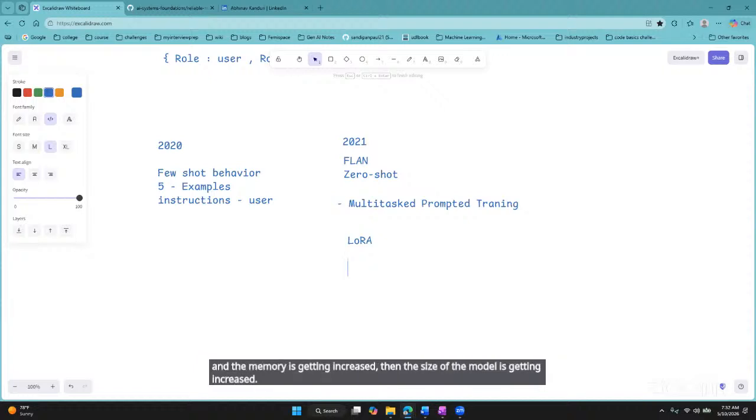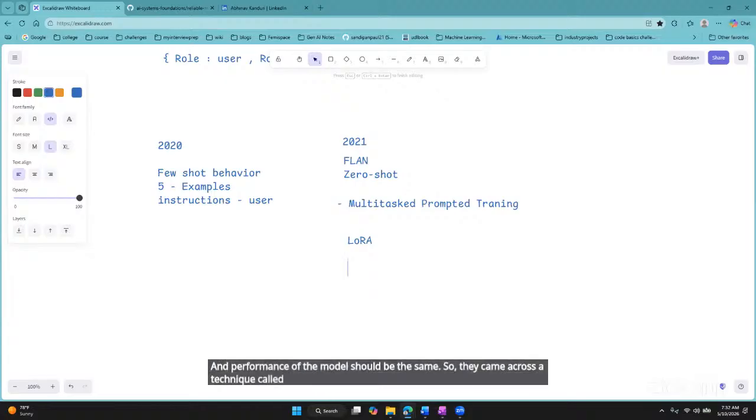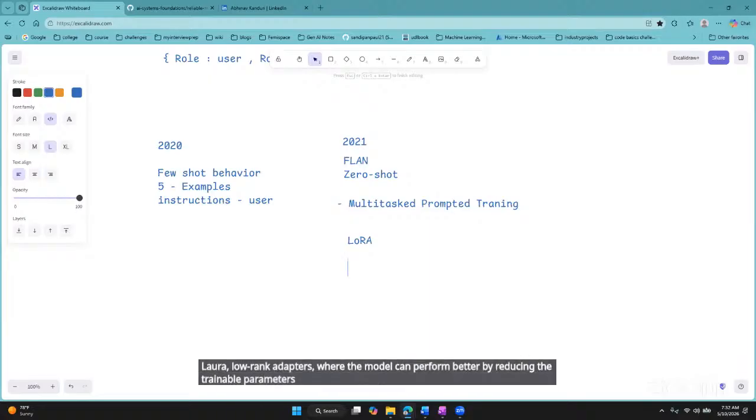So they wanted to understand how we can achieve this with minimal memory while the performance of the model stays the same. So they came across a technique called LoRA, low rank adapters, where the model can perform better by reducing the trainable parameters. That means by reducing the weights.